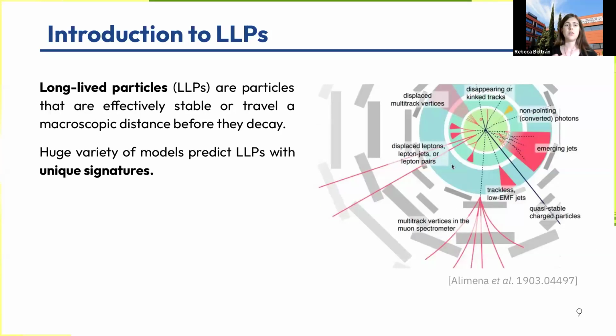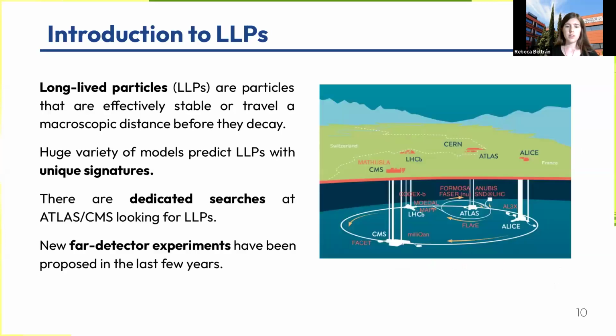So these signatures are used in experimental searches looking for some new physics signals. A lot of activity is ongoing in this direction at CERN, and is also expected to increase in the coming future. And the main experiments like ATLAS and CMS are actively looking for LLPs through these dedicated searches.